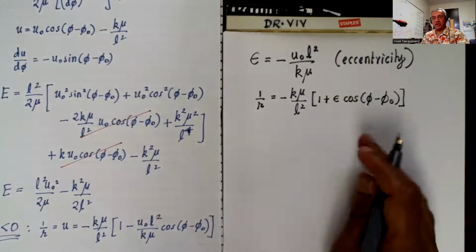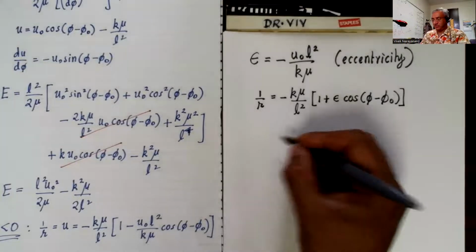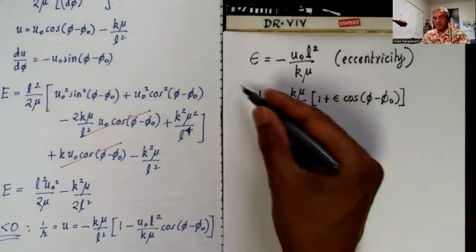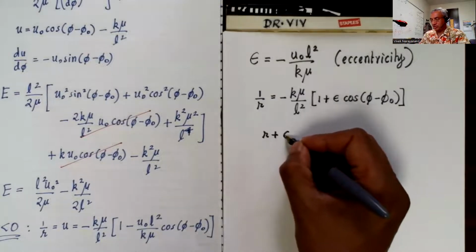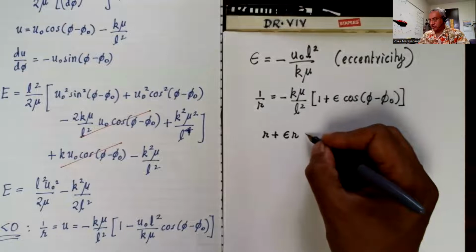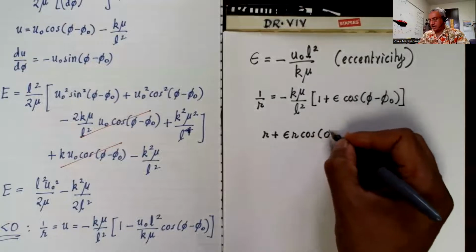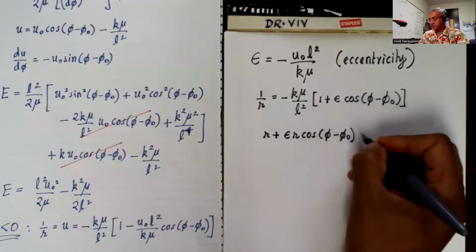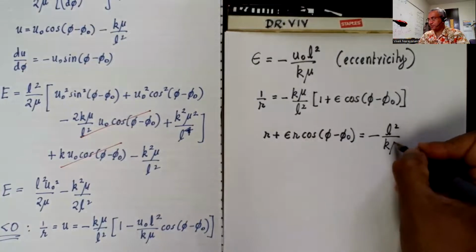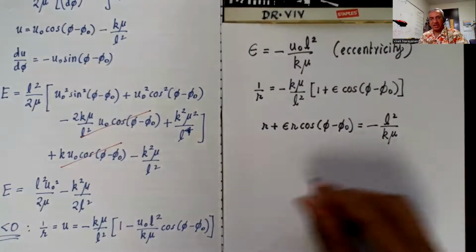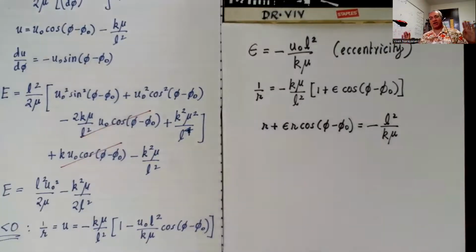I can rewrite this by taking r there and everything else here. So I'm going to get r plus epsilon r cosine(phi minus phi naught) equals negative L squared over k mu. Can you look at that and say that it's an ellipse? I cannot.